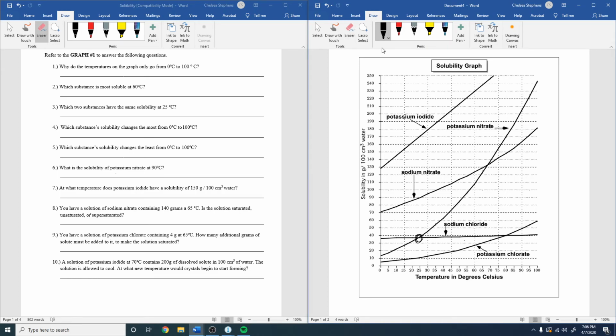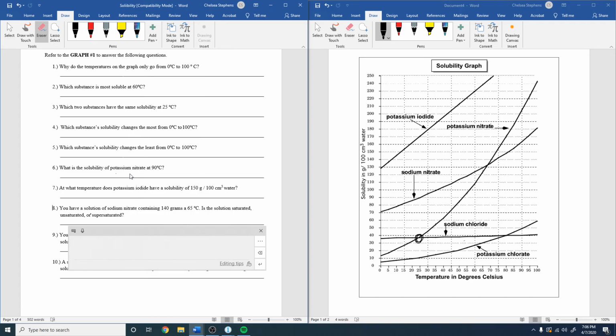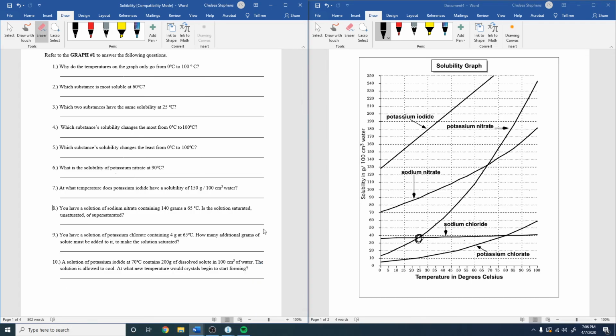Right here, and that is potassium nitrate and sodium chloride. You guys should know the formula for that.